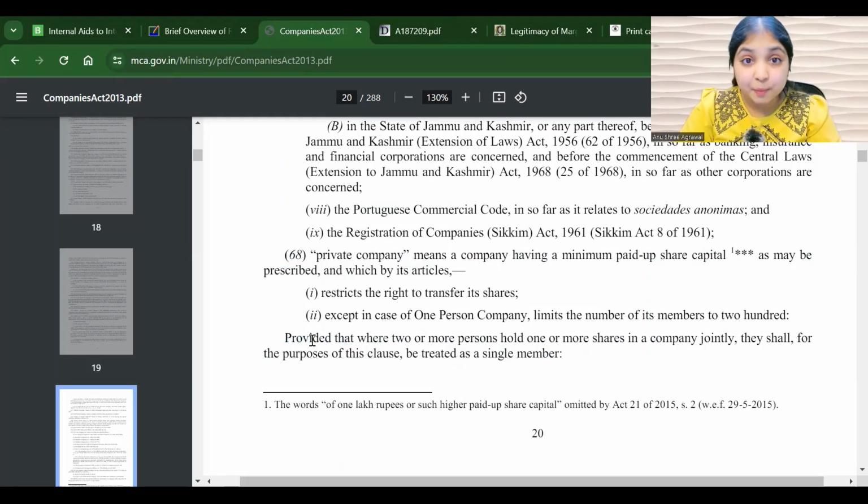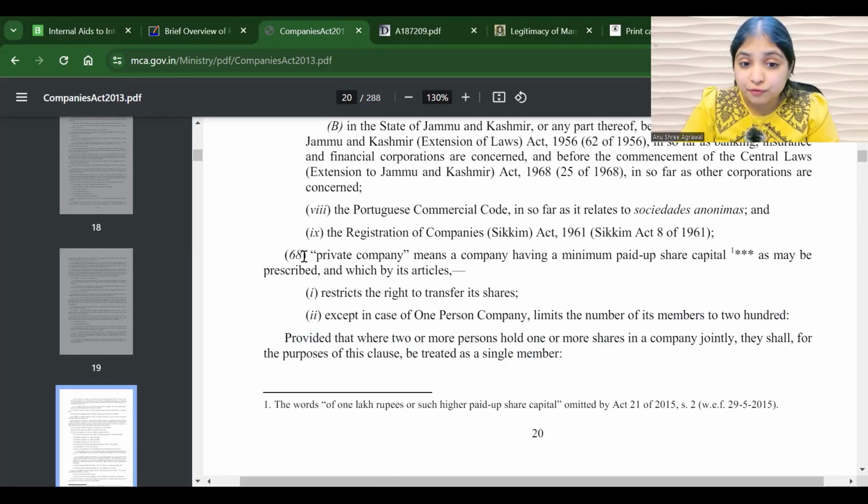This proviso says, provided that where two or more persons hold one or more shares in a company jointly, they shall, for the purpose of this clause, be treated as a single member. So the proviso is talking about joint shareholders.